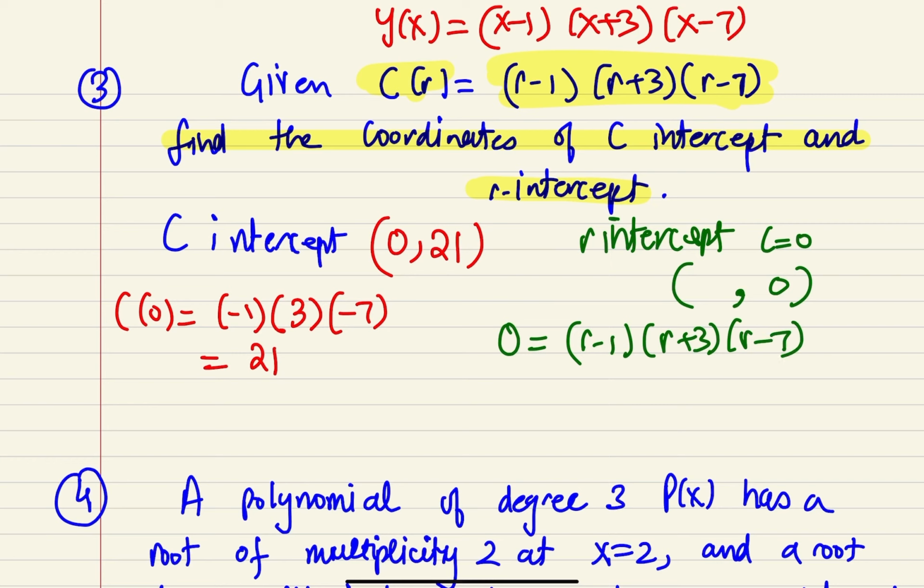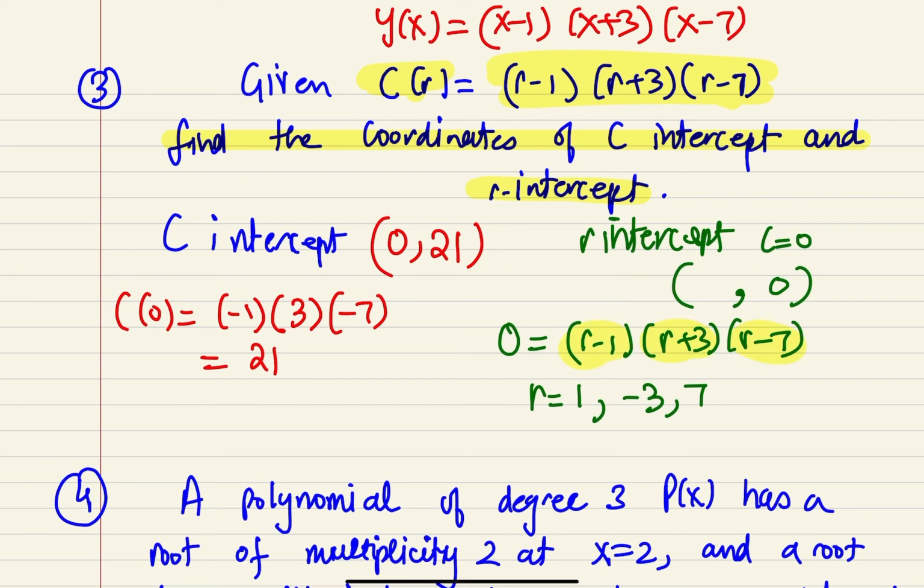Well, this is a lot of work, so I'm going to go ahead and... actually, no, this is not a lot of work, because where do these become 0? This is the product of three factors. We can use the zero product property and say that this expression is going to become 0 when r is equal to 1, when r is equal to negative 3, when r is equal to positive 7, wherever each of the factors becomes 0.